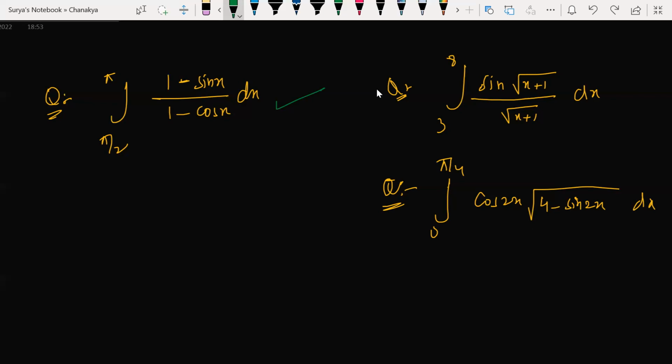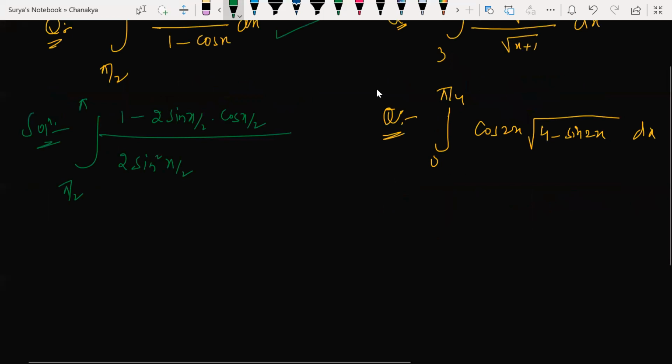Look at this. I write pi by 2 to pi as it is. Sin x formula is what? 2 sin x by 2 cos x by 2, half angle formula, whole divided by, so 1 minus cos x is what? 2 sin square x by 2. This is the formula I know here.